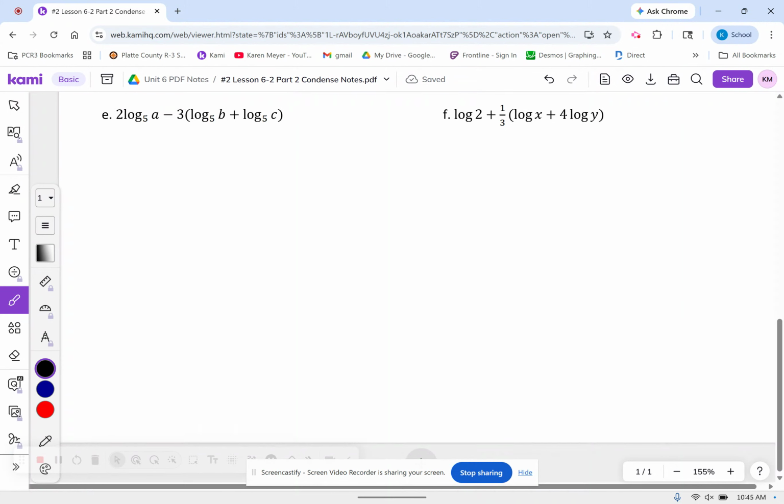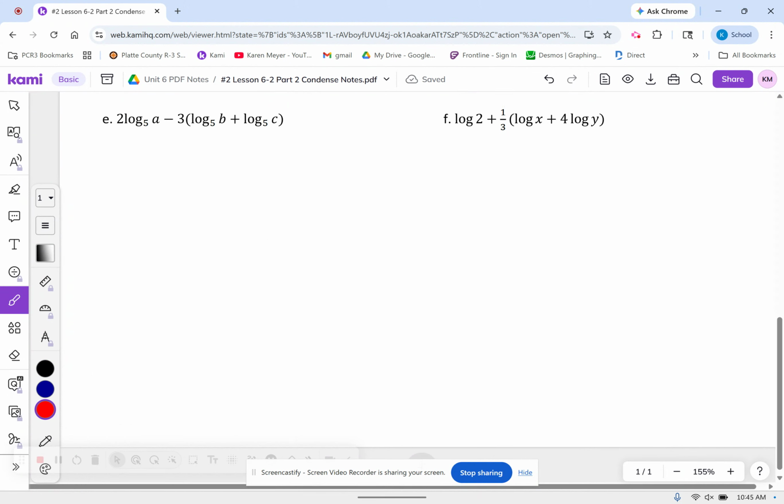Okay, then the last two have some parentheses in them. So on E, I'm going to take the 2, and I'm going to move it up as a power for the A. And now this 3, I'm going to take it, and I'm going to move it up as a power for the B, and I'm also going to move it up as a power for the C. And then I'm going to take this negative, and when I distribute the negative here, that's going to change the middle sign from a plus to a minus.